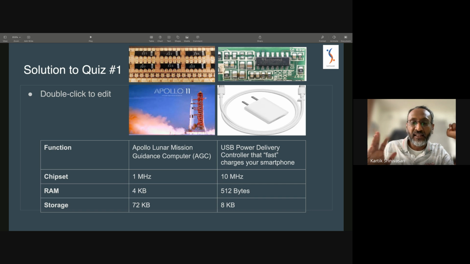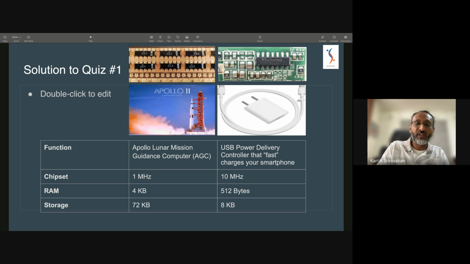I'm not belittling anything or trying to make some profound statements over here. I'm just telling you that you can achieve a lot more with less. And yes, the situations may demand us having to do something very expensive, but if you look at what was achievable with a 1 megahertz processor with 4 KB of RAM and 72 KB of storage, it is mind boggling that we can take a space rocket from Earth all the way to the moon, land it, and bring the astronauts back with that same guidance computer, right?